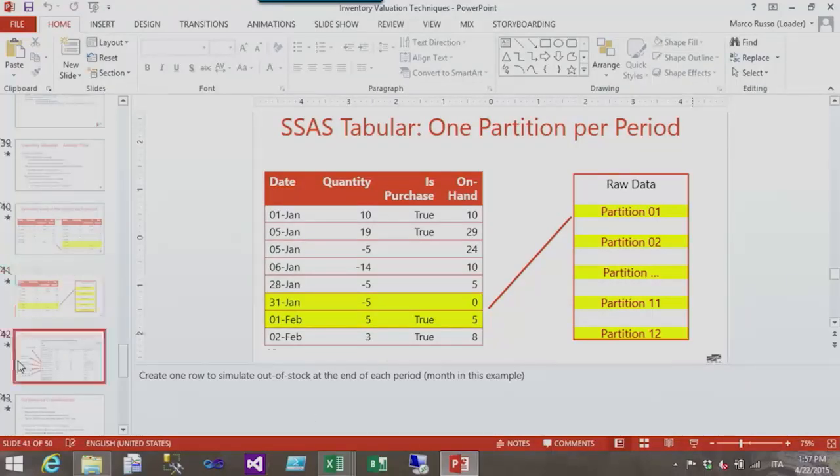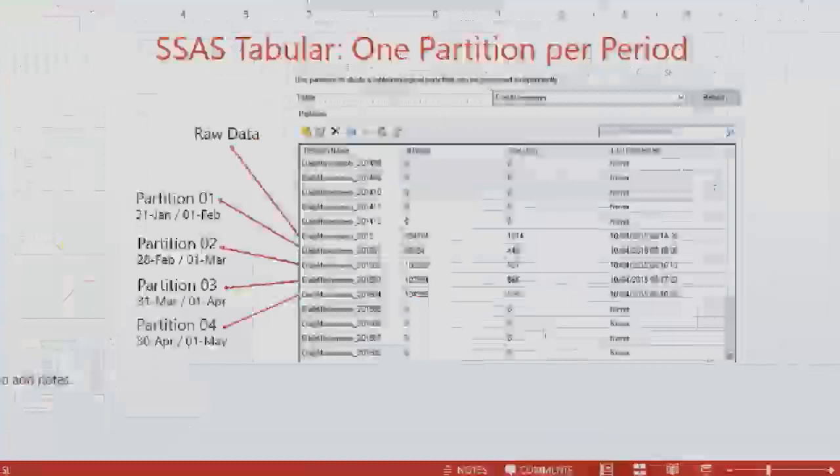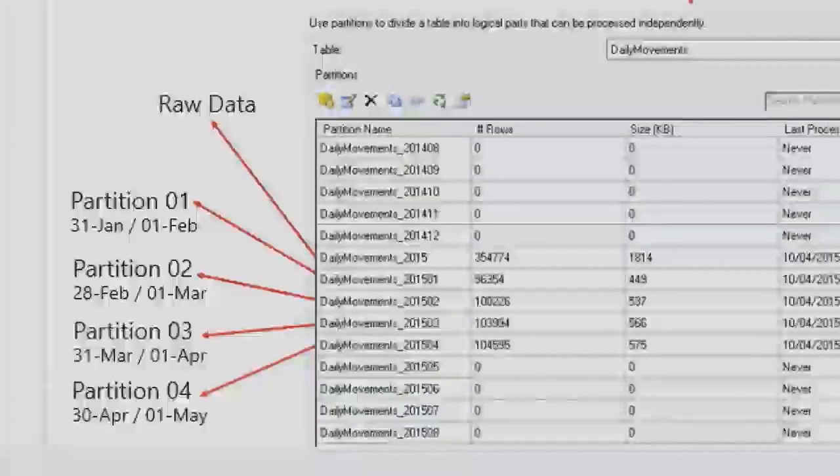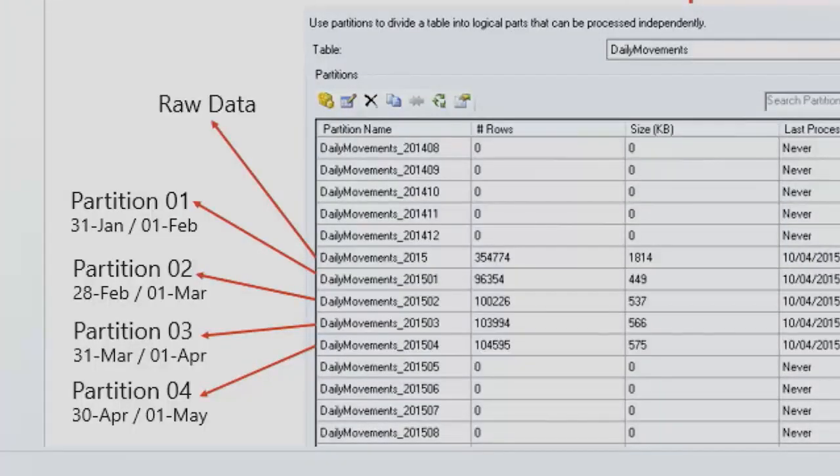And just to give you an idea, this is a real scenario where we have the partition that has all the transactions for 1 year, and then we have one partition per month that contains just the out of stock and open. In reality, you have to evaluate the volume of data, because every time you do the end period and open period, you're writing one row for every product in 2 rows.